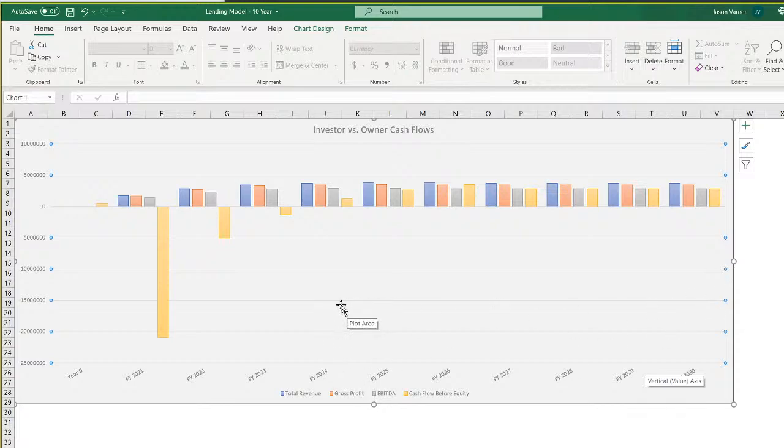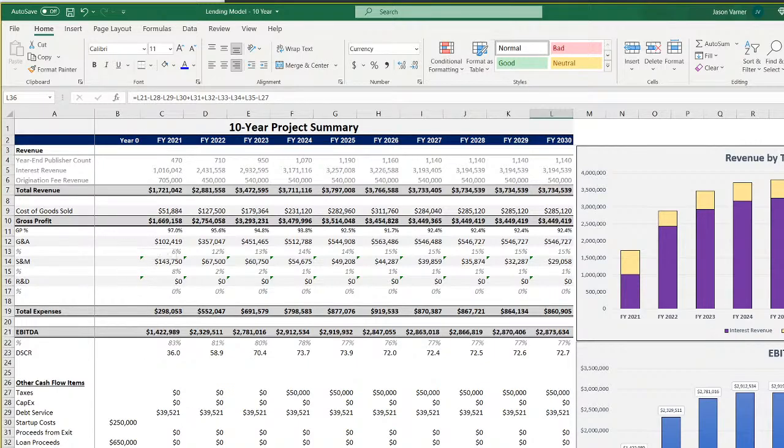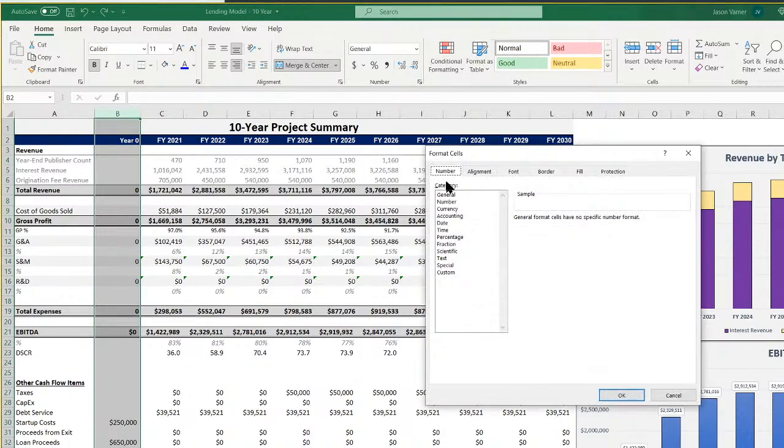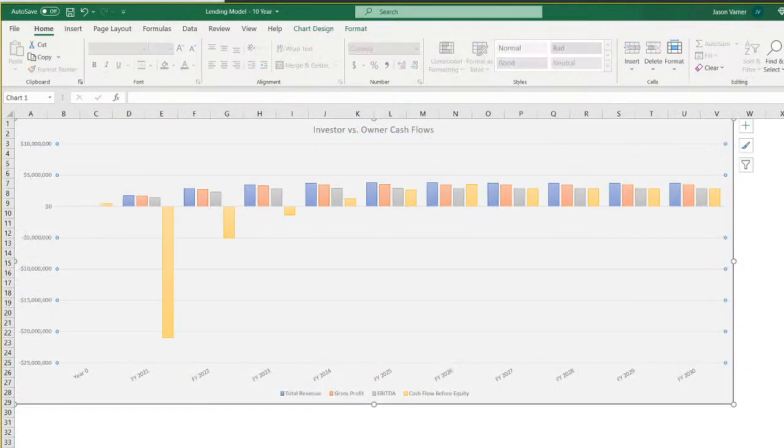So, I'm trying to think if we need to put zeros here. Whoops. Undo. Perfect.